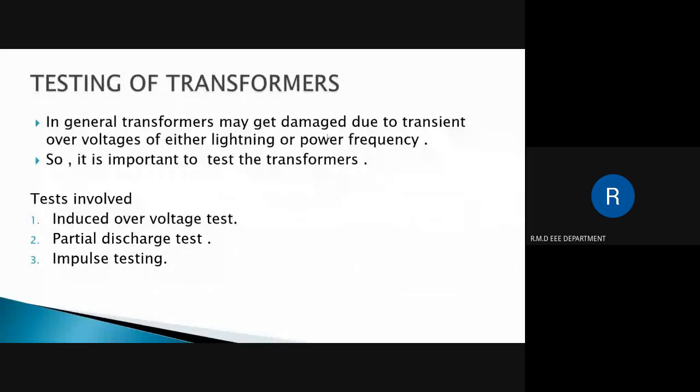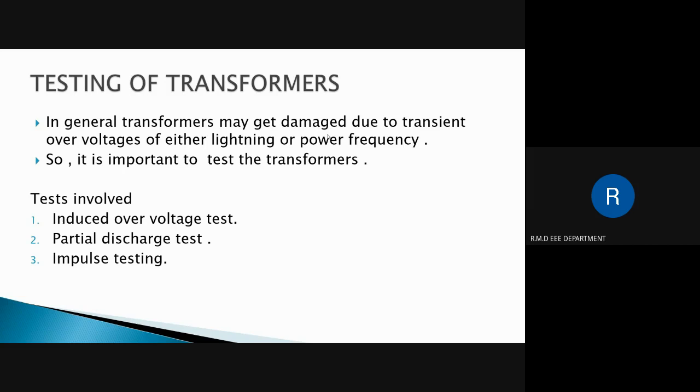The high voltage testing of any electrical apparatus is necessary in order to ensure that the electrical equipment is able to withstand the over voltages, whatever voltage we are applying. These over voltages may be due to natural causes like lightning, or switching, or high frequency transient voltages.